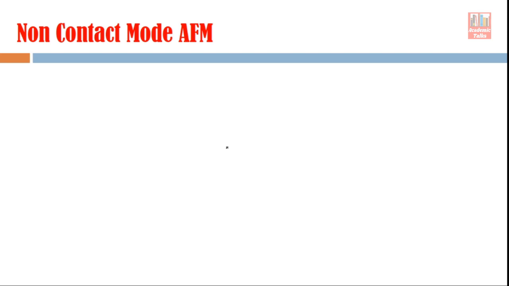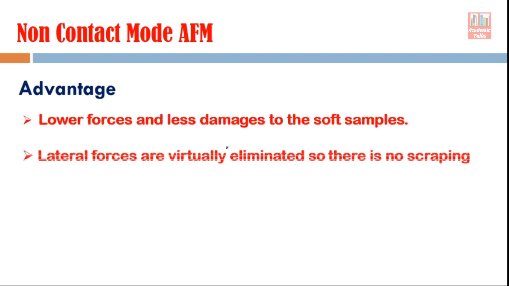Now if you talk about non-contact mode, in case of non-contact mode the gap is still very small, a few angstrom, but this gap is a little bit higher as compared to the contact mode. Now if you talk about the advantages: lower forces and less damage to the soft sample. It's obvious because we have already discussed the problems of contact mode in case of soft samples.